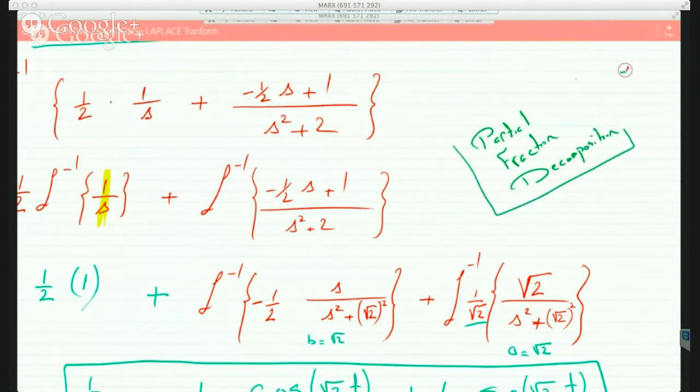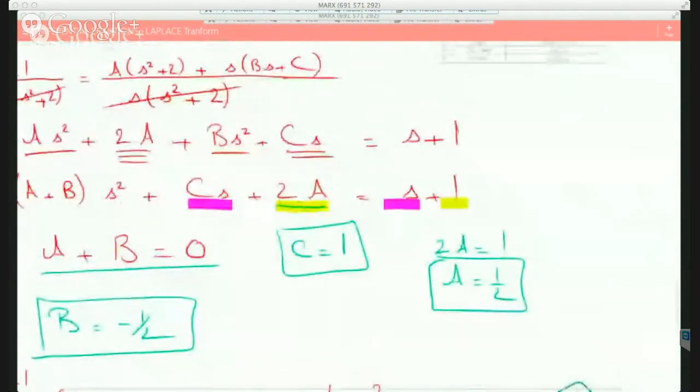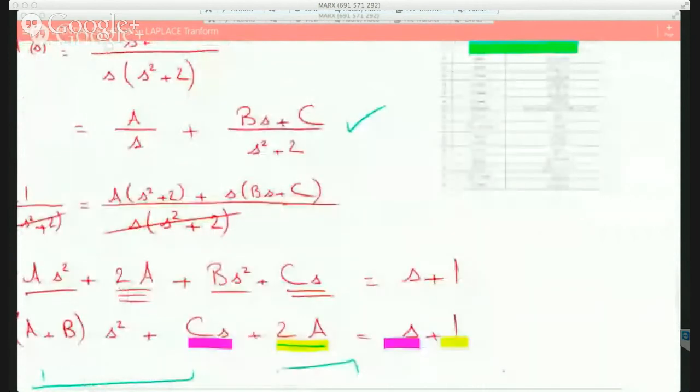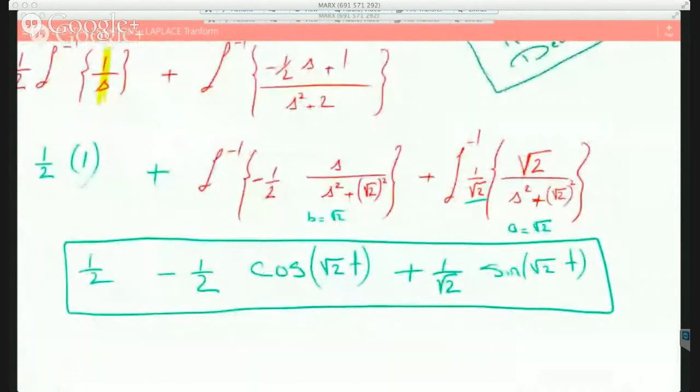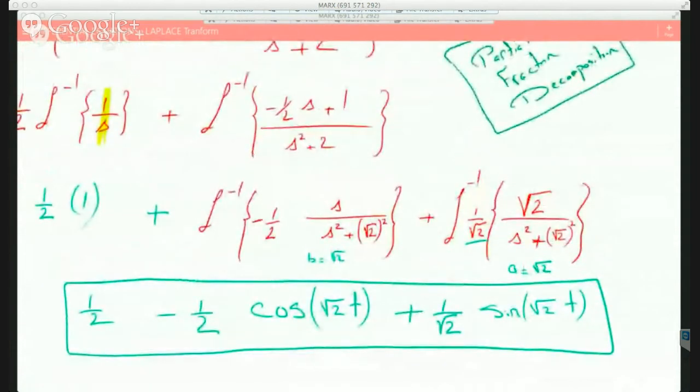So we used partial fraction decomposition to decompose the function so we can put it in the form that we have in the table, so we can find the inverse Laplace transform. Okay, that's how you do this one. Questions on this one?